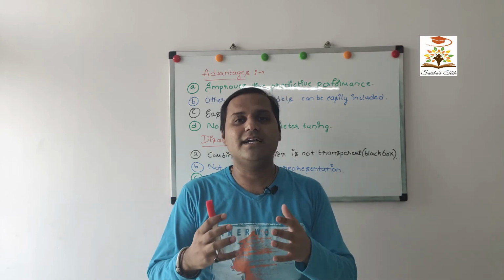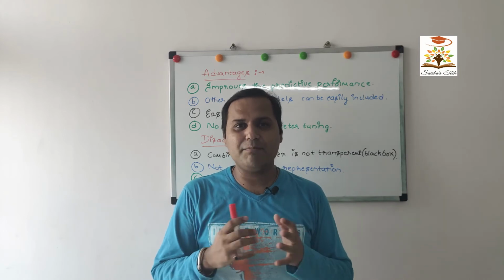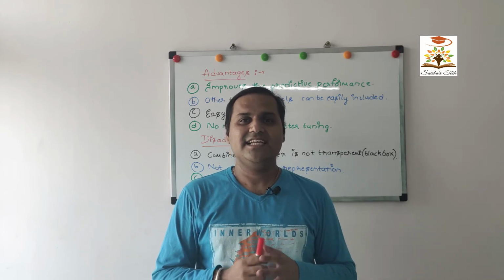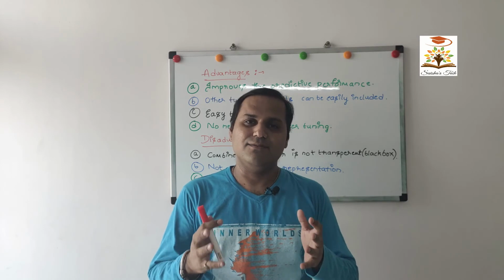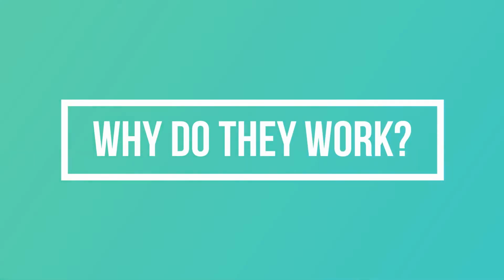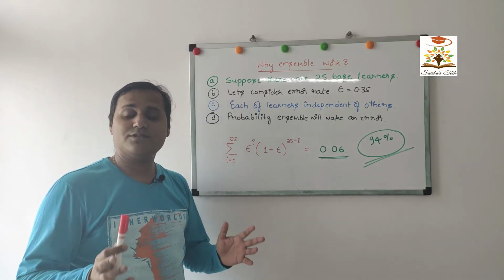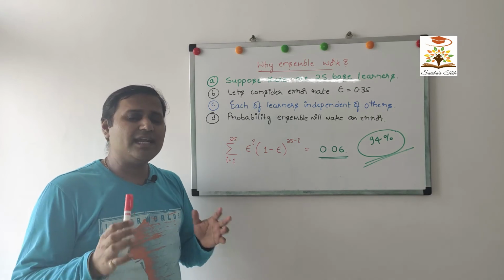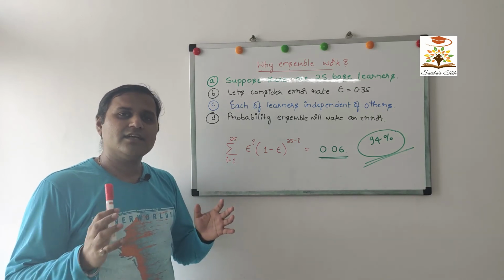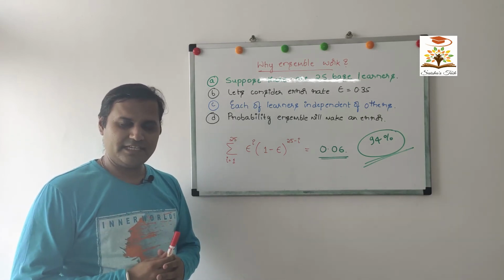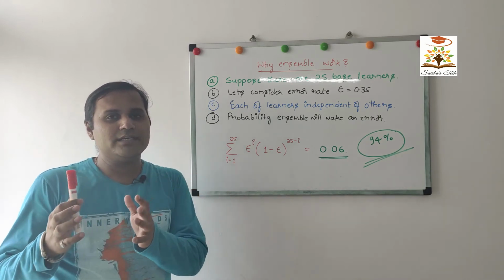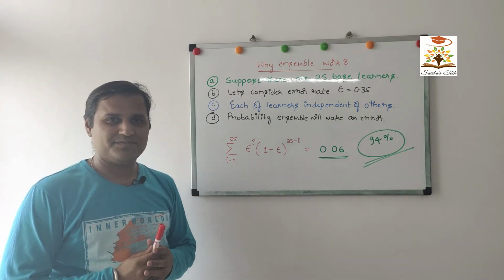Now, let us understand with an example why these ensemble learners work. Why will ensemble learners work? To analyze this, let us consider 25 base learners, that is model M1, M2 till M25.